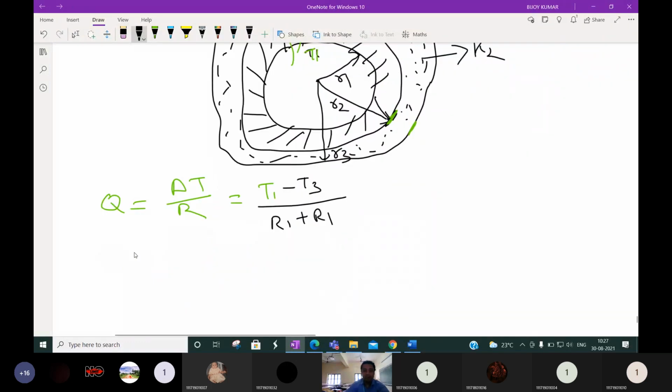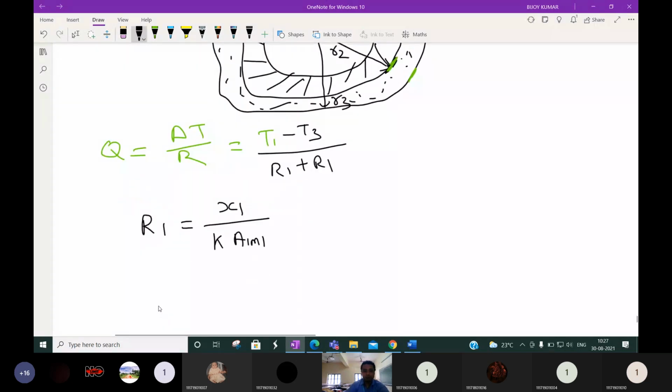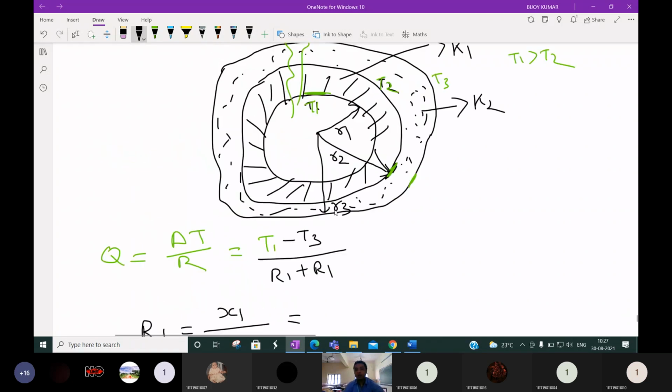What is the R1 here? Can anyone say what will be the R1? You can say X1 by K1 into ALM1. Then R2 is equal to X2 by K2 into ALM2. First we discuss R1. R1 means the resistance of cylinder 1. X1 is the thickness of the cylinder.